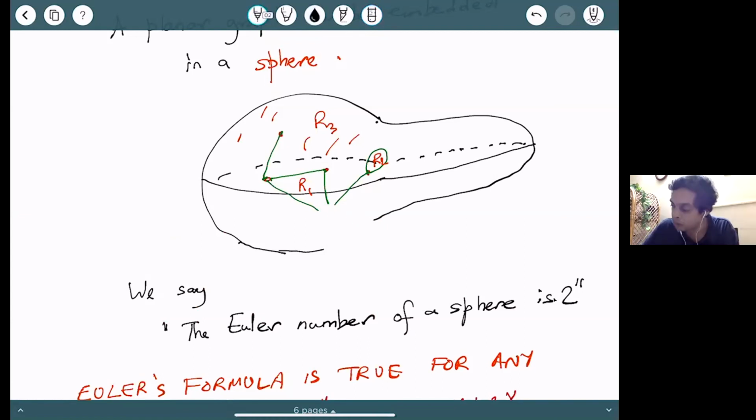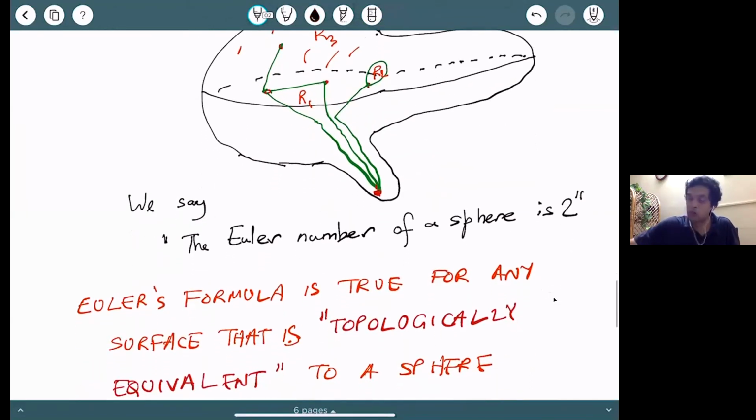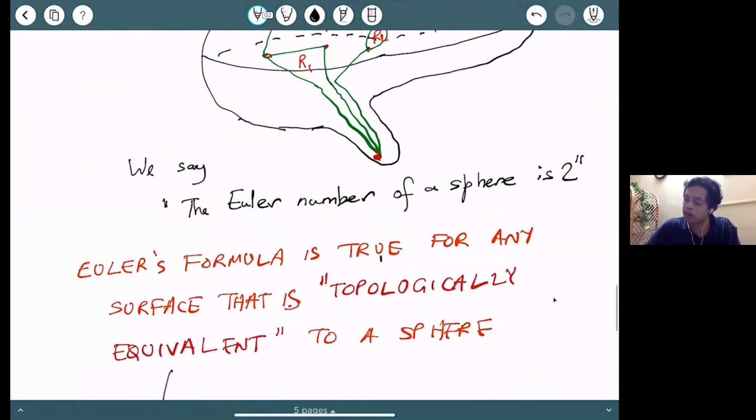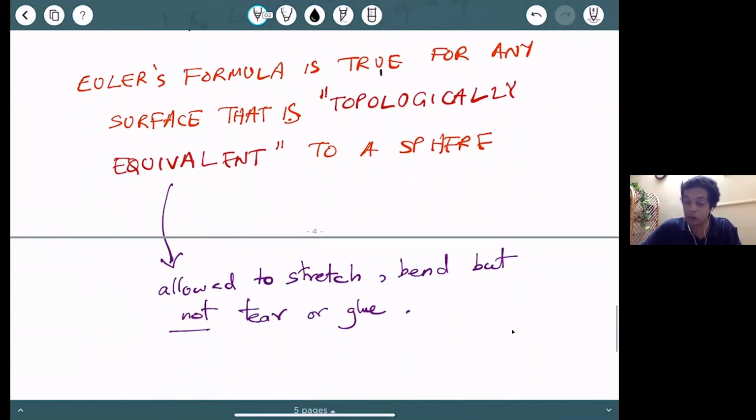You can imagine this is made up of some stretchable material, perhaps some kind of rubber thing. Whenever you do this deformation, it's still an embedded graph. You're not changing the number of vertices, number of edges, number of regions, okay? So the Euler number on this topological sphere is still going to be the same, right? It's still going to be 2.